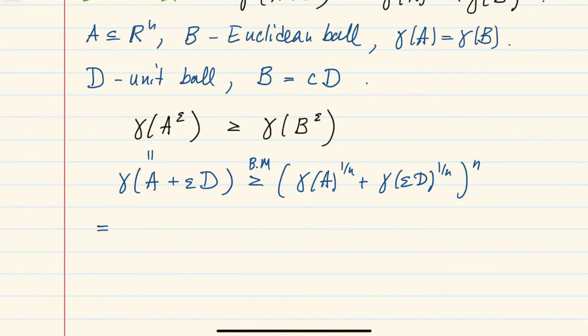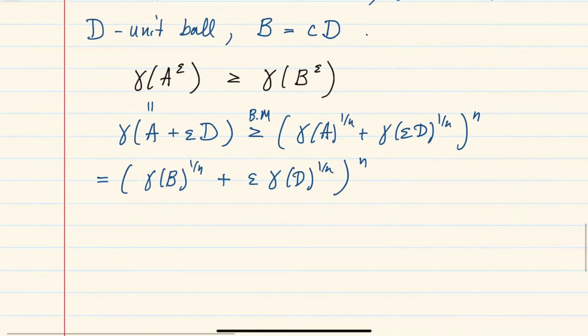Now, of course, in n dimensions, when you scale your body by epsilon, the volume scales by epsilon to the n. So you can also write this as, first of all, gamma of A is the same as gamma of B by the choice of that Euclidean ball. And in the second term, you can just take epsilon outside, just by the way the volume scales in n dimensions.